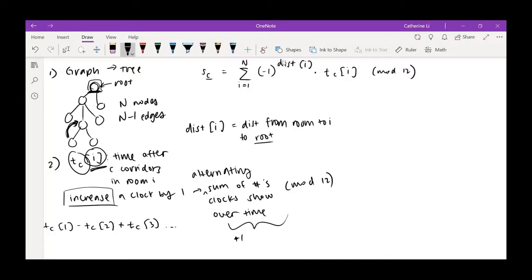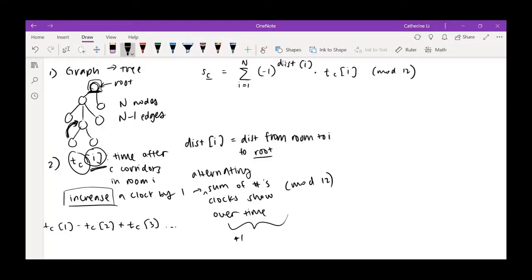So if we list out some values of this for small C, we have S_0 is equal to the summation, and we know that T_0 of i is just the number that each clock starts at.